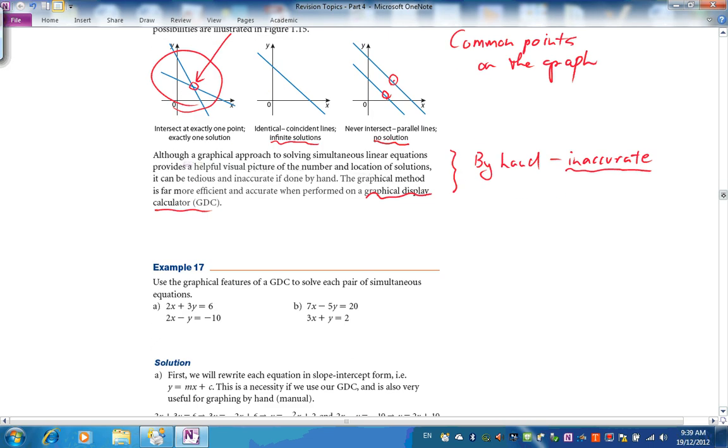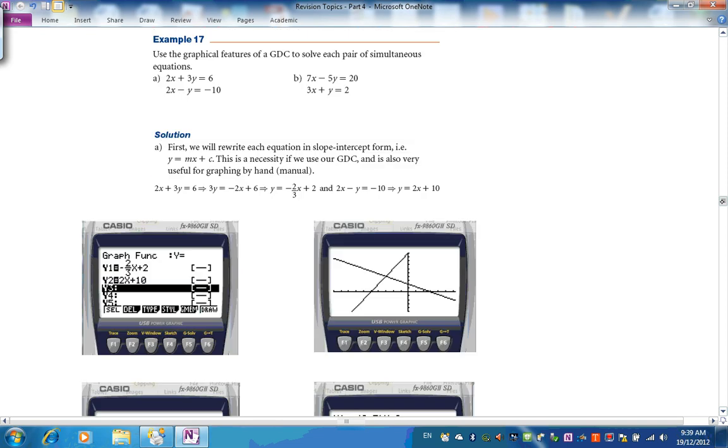All right, let's have a look now at example 17. Here, use the graphical features of a graphics display calculator to solve each pair of simultaneous equations. So what we're really saying is, we can solve these equations by finding points obeying both equations.